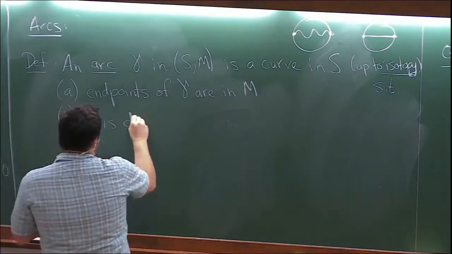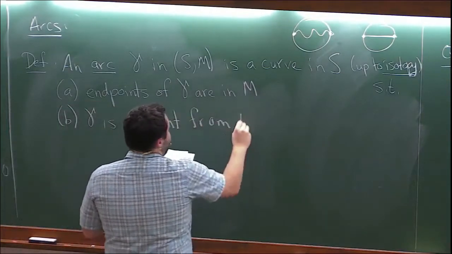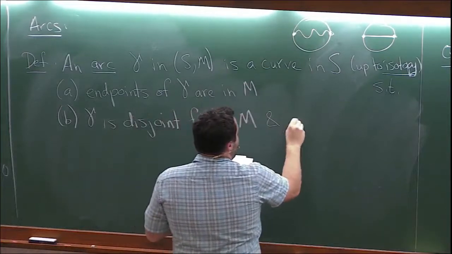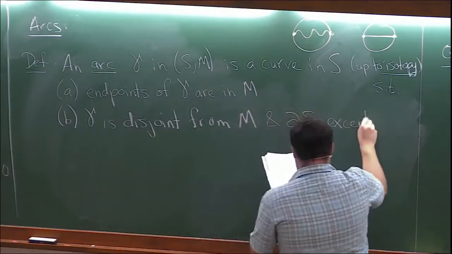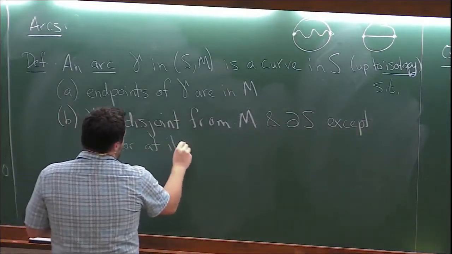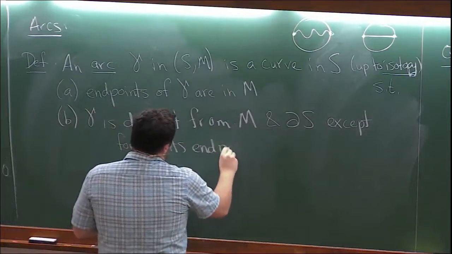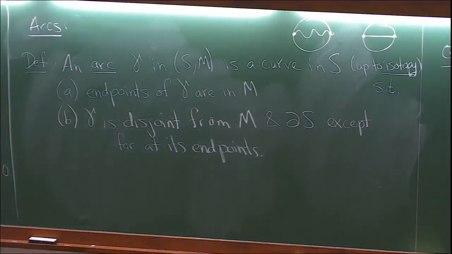So gamma is disjoint from the collection of marked points and the boundary of the surface, except at its endpoints. I don't want my arcs to hit other marked points except where they started.